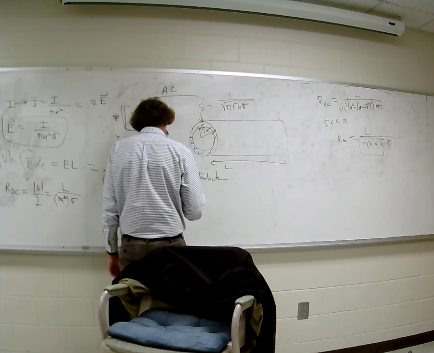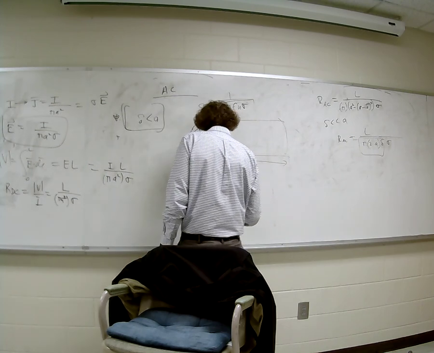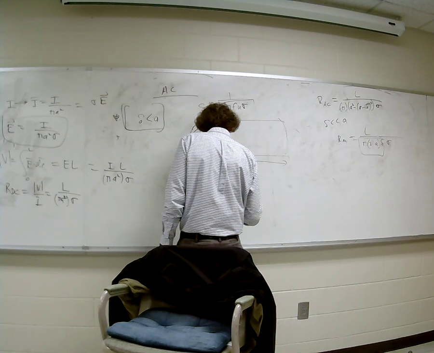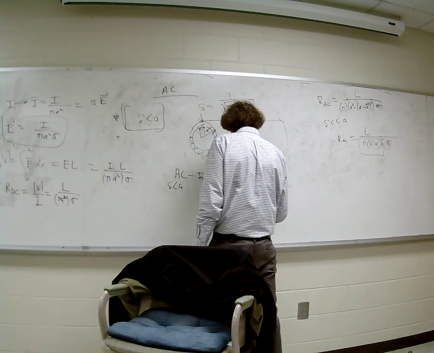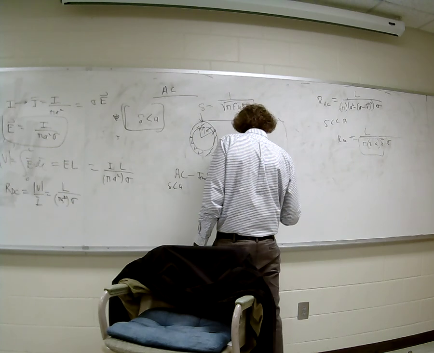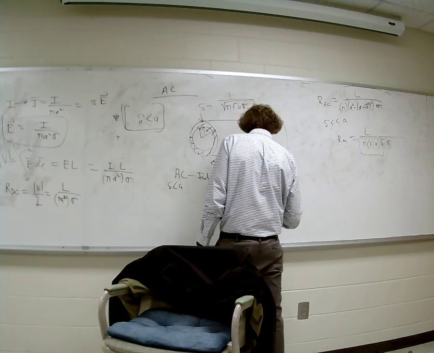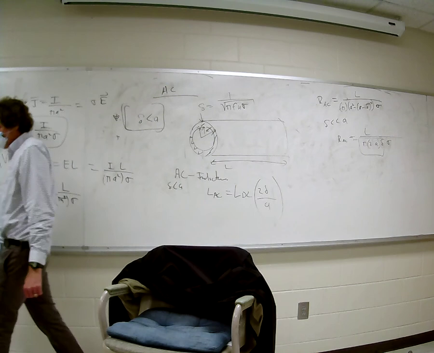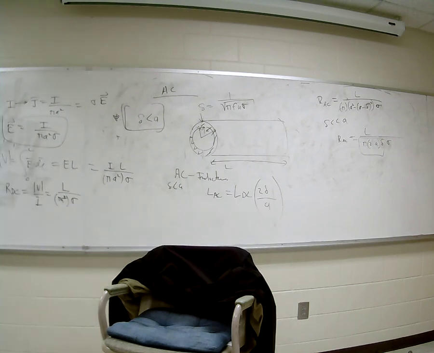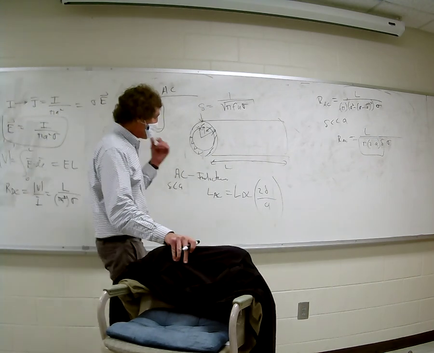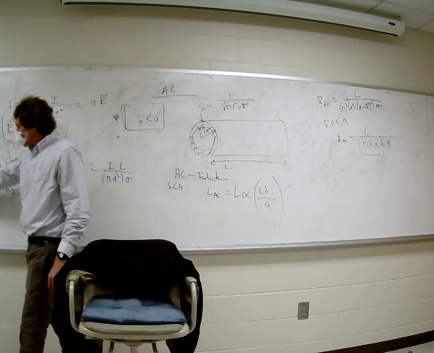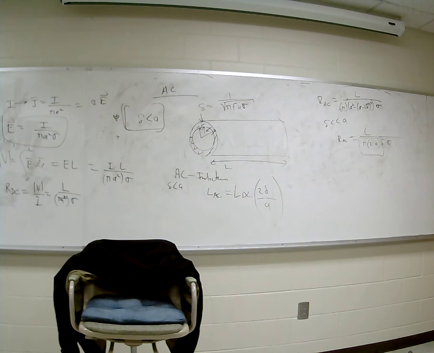Here again, skin depth is less than A. Then we can say L_AC, or high frequency, will be equal to L_DC times 2 times skin depth over the radius A. Now he has that in his book, equation 9.6 on page 505, but he doesn't put it in terms of L_DC. I put it in terms of L_DC because that's easy to remember. Are you with me? All right.